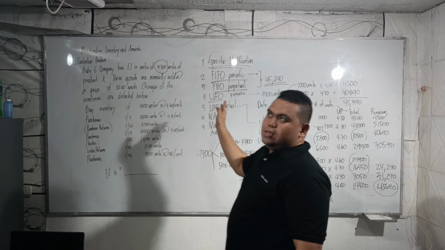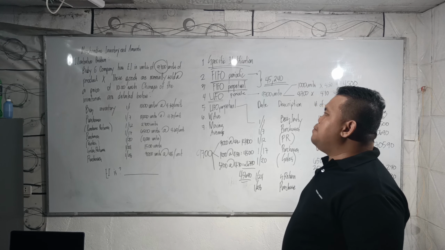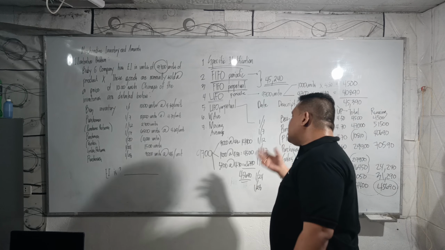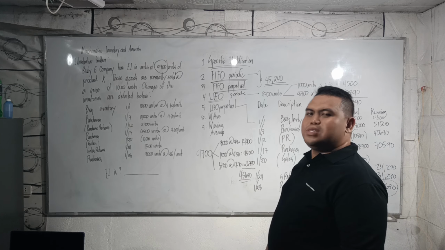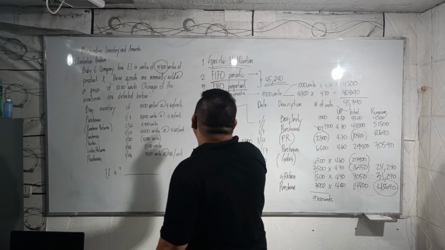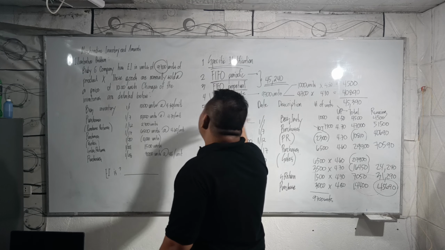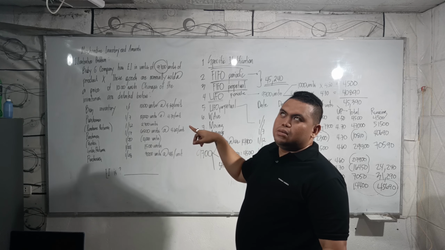Right? So, if that is the case, there are cases that last in, first out will give you a bigger net profit, which is not ideal. Because if ever you use last in, first out, the ending inventory will have a lower amount. Am I right?